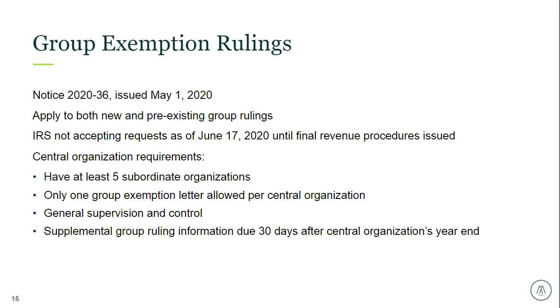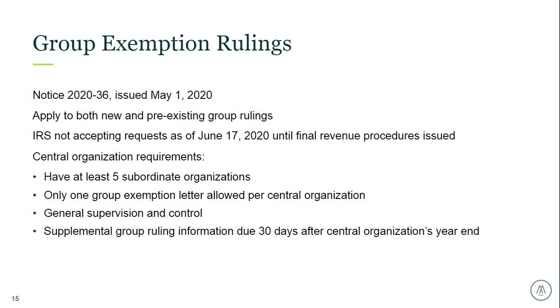And the second one is that all subordinates must now be in the same 501(c) subsection as the central organization. And just to take this a little bit further, if the subordinate organizations are described in 501(c)(3), then they all must be classified as public charities under the same paragraph of 509(a). But those classified under 509(a)(1) are not required to be classified under the same paragraph of 170(b)(1)(A).